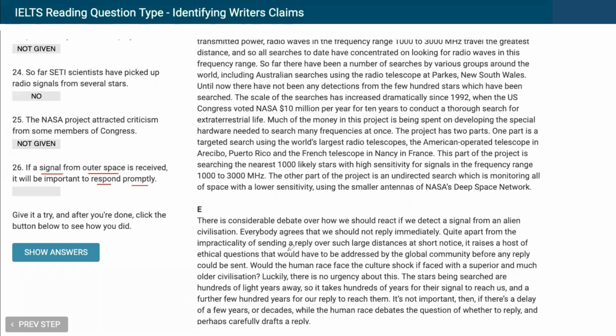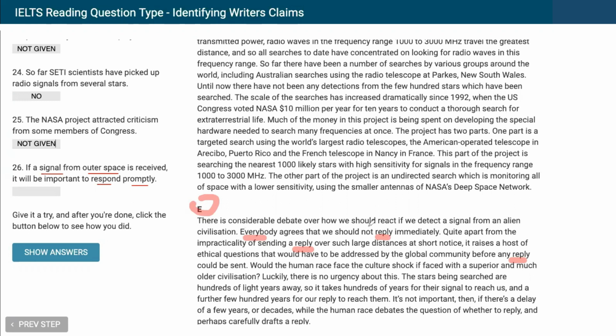And so let's scan for those words in our text. And I don't see respond, but I do keep seeing reply and reply and reply. So this paragraph E might be a good place to start. Also, the fact that we see sort of an absolute word here, everybody, so this is very general, calls my attention to this sentence. So I'm going to start skimming.